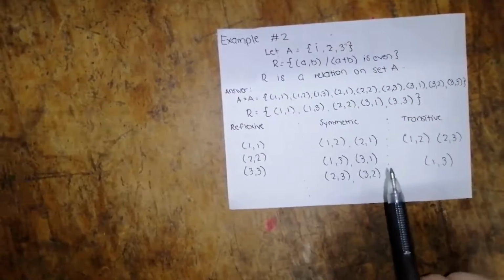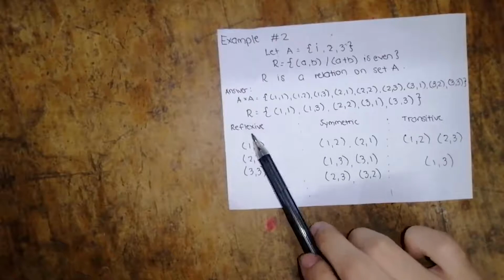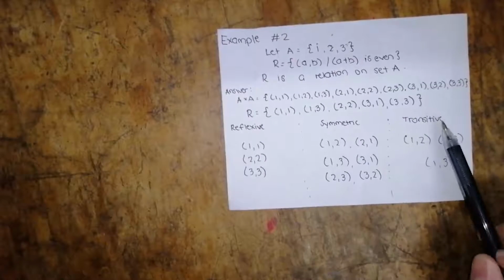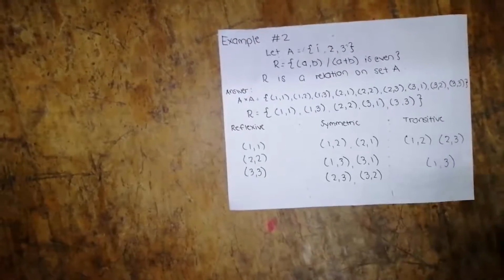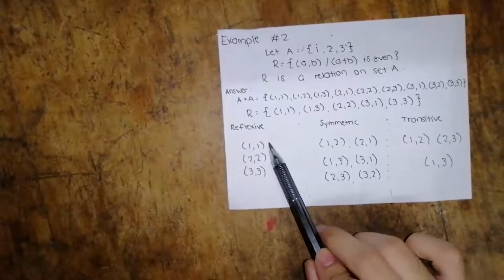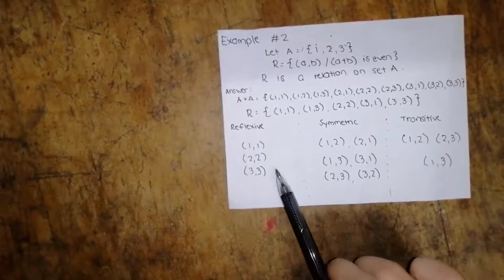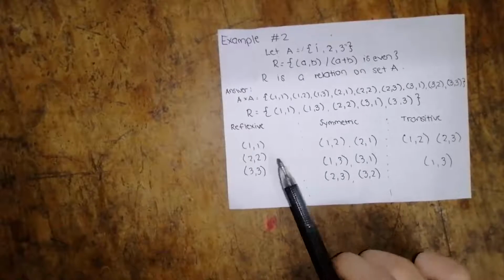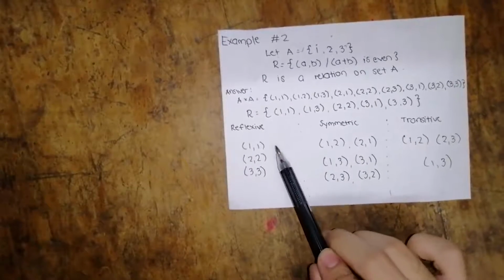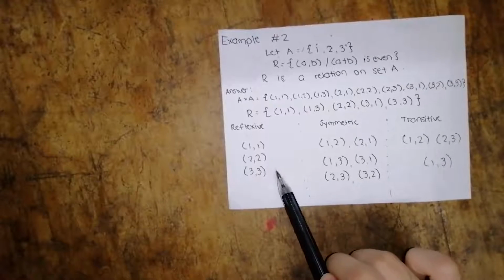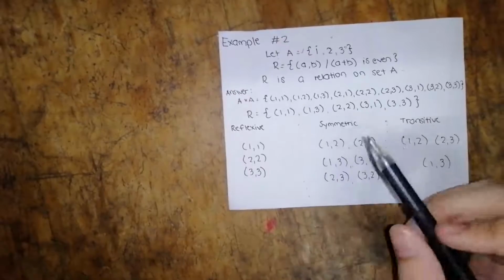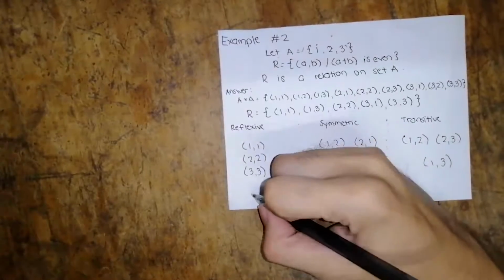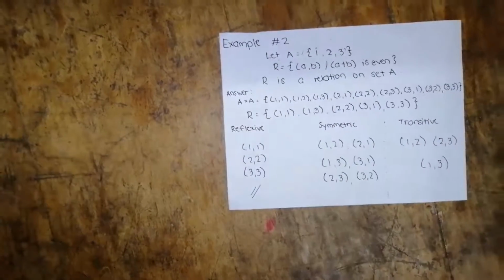So once again, we need to find the reflexive, symmetric, transitive of set A. So after getting that, these are the set of ordered pairs for reflexive. If these ordered pairs are present in relation R, then we can say that this is reflexive.